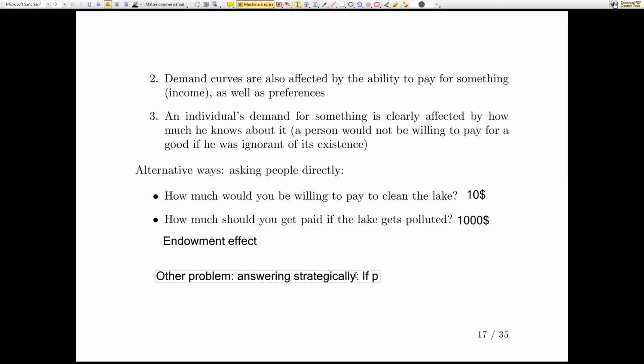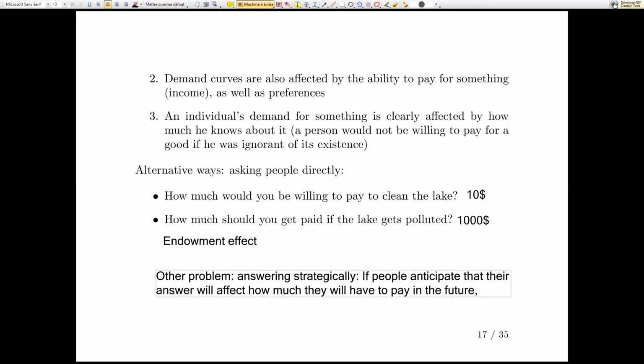If people anticipate that their answer will affect how much they will have to pay in the future, they lowball their answers.